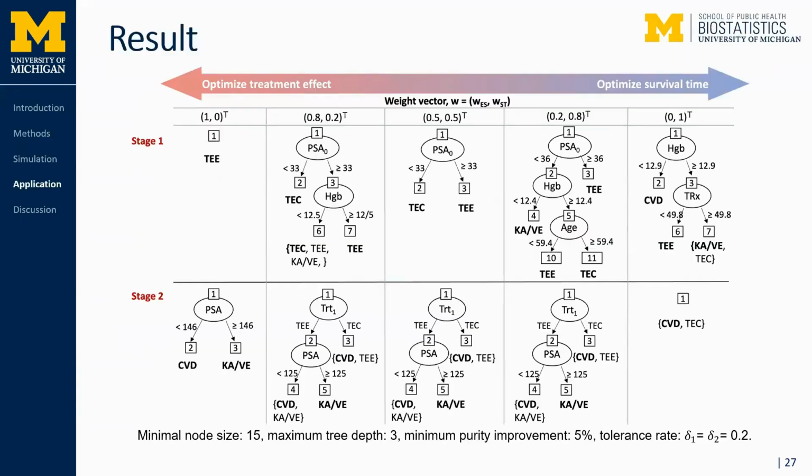And the good thing about this is that at the end, you will not only report one tree to your patient or physicians. For example, this is for the cancer research. We actually give them a bunch of results. Along this direction, if you want to optimize your survival outcomes, you could go with these decision trees.